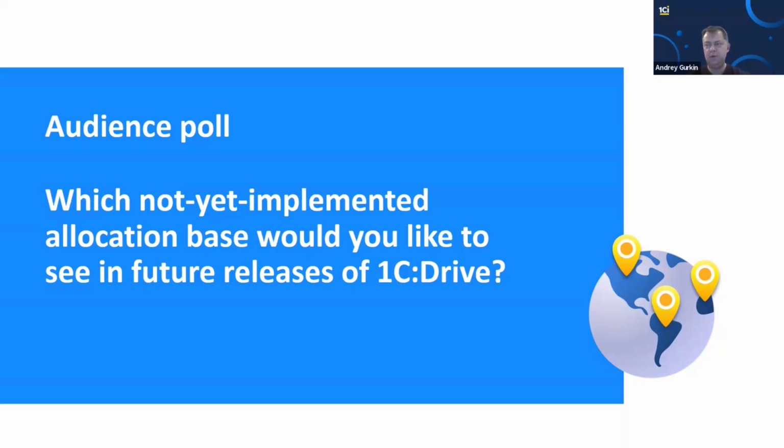So 4 out of 6 want to have those allocation bases, and less than the previous one, produced products quantity and machine hours. Okay, but the final result, like in the Queen song, I want it all, and I want it now. Okay, we'll think about it, but thank you very much for your feedback.